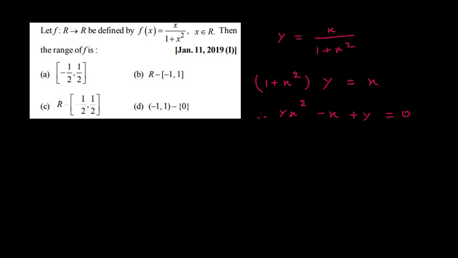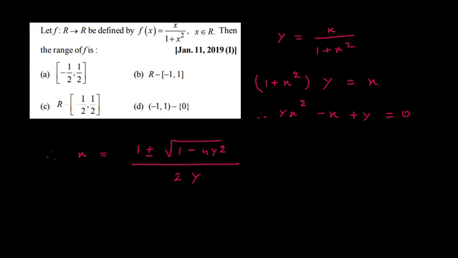So here the value of x will be 1 plus or minus root of b square minus 4ac. So it is 4y square divided by 2a, so 2y. So the value of x, if I want to express x in terms of y, is 1 plus or minus root of 1 minus 4y square divided by 2y.